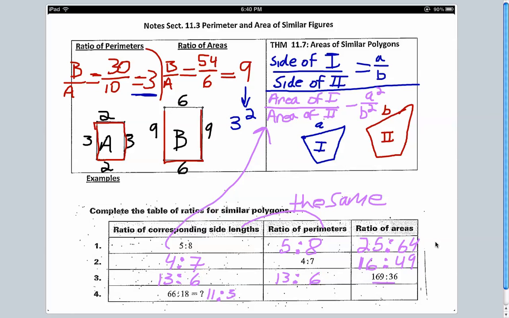And that means that my ratio of the perimeter is going to be the same, 11 to 3. If I move all the way over to the right here, I'm going to square both of those, so my ratio of the areas is 121 to 9.